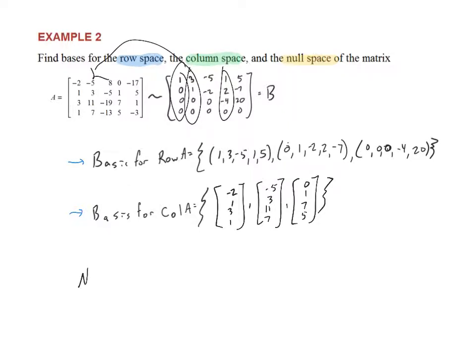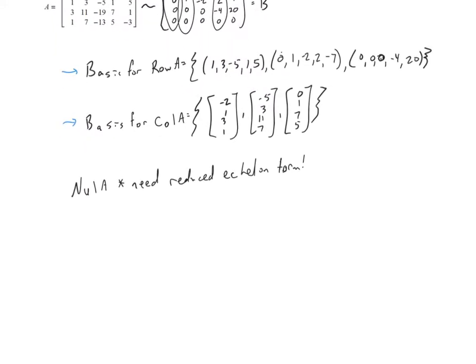Now, for the null space, for the null of A, we need reduced echelon form. Reduced echelon form for the null space of A. All right, so I'm going to give you that, because you could just type it in your calculator.